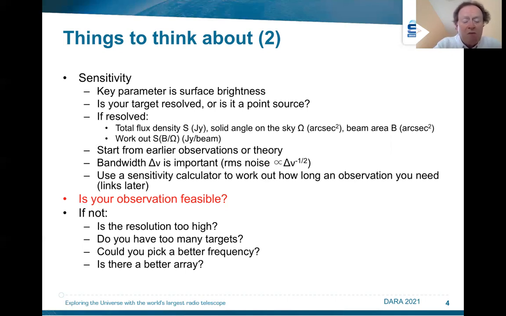It might be better to go to a lower frequency if your source has more flux density at that frequency. And then finally, you might have picked the wrong array. It might be that the array that you really need is one in a different hemisphere, and so instead you should go and look at a target which is in the south or the north, depending on which telescope you're trying to use.